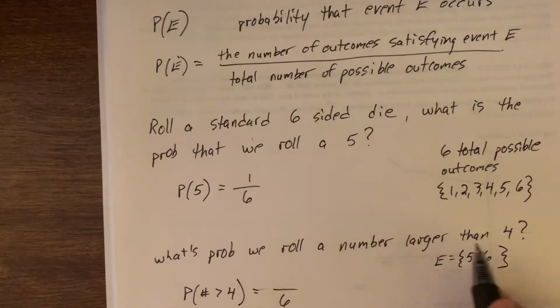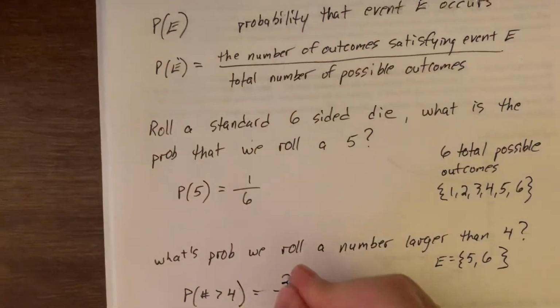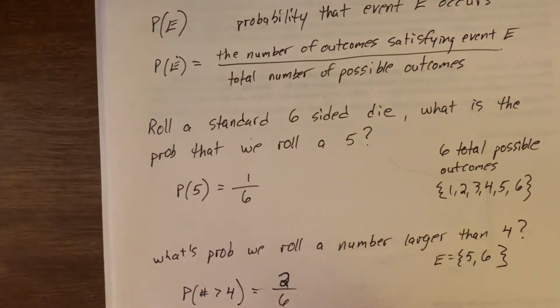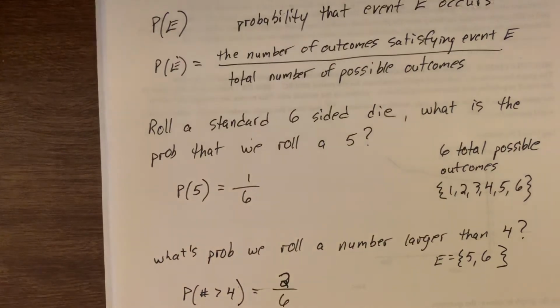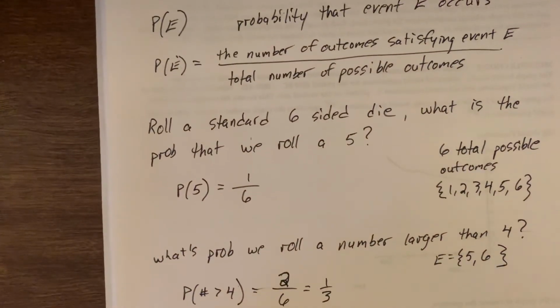So what satisfies a number larger than 4, a 5 or a 6, but the point is that there are 2 outcomes that satisfy out of those 6 possible outcomes. So 2 out of 6, 2 over 6. We like to reduce fractions if we can. That is 1 out of 3.